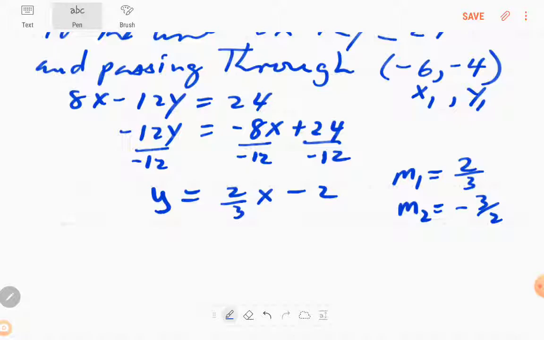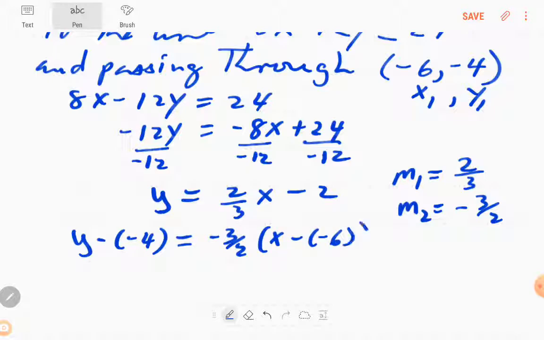So using the point slope formula, we'll have y minus minus 4 is equal to minus 3 over 2 times x minus minus 6.